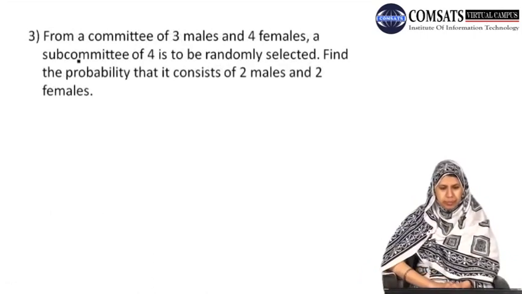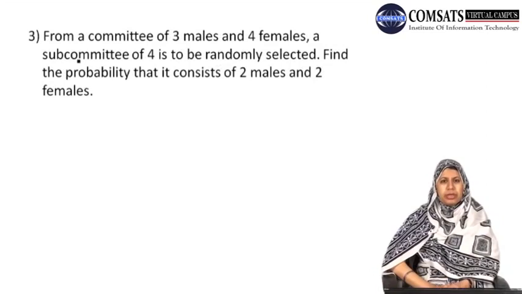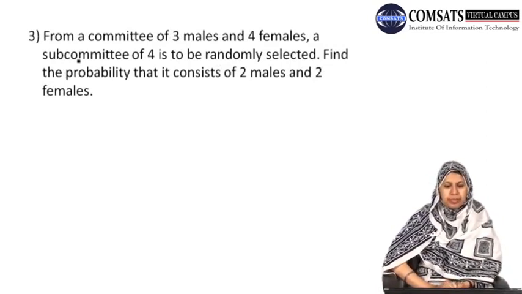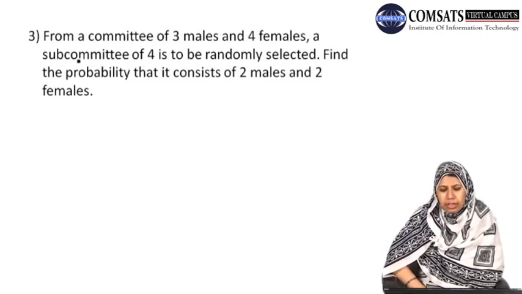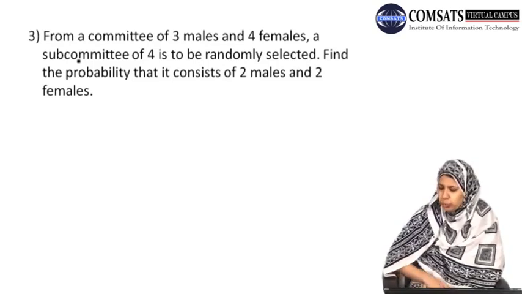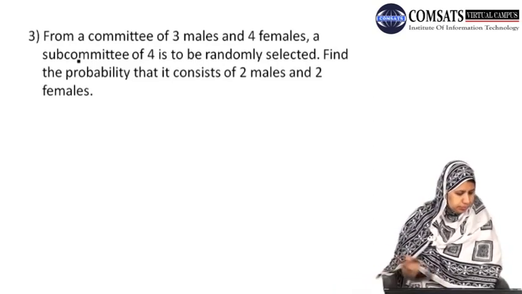One more example. From a committee of 3 males and 4 females, a subcommittee of 4 is to be randomly selected. Find the probability that it consists of 2 males and 2 females.